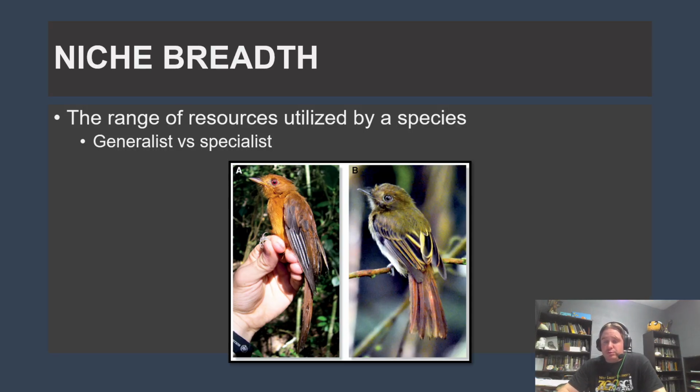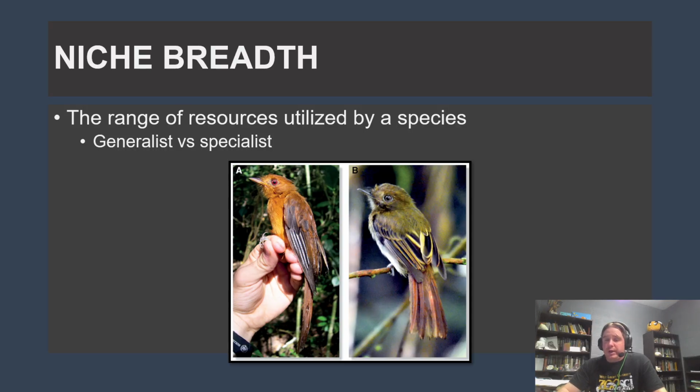The brownish twistwing, these are both from Amazonia and South America, is a generalist. It is found throughout basically the whole Amazon. In other words, it has great niche breadth. It does not require very specifically these bamboo stands of dense mature bamboo.